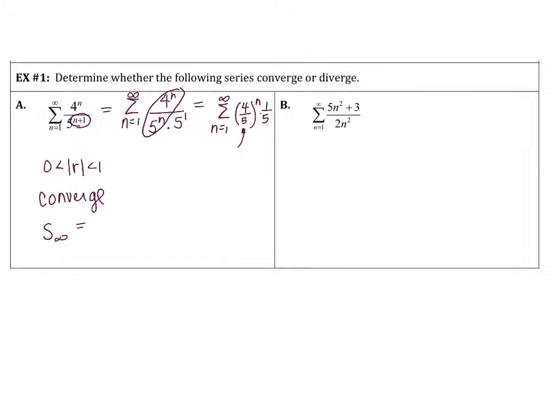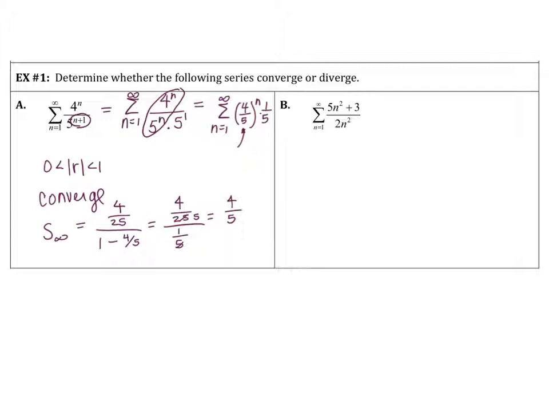So if we plug in 1 here, I'm going to have 4 over 25 over 1 minus our ratio, which is 4/5. And so here we have 4 over 25 over 1/5. And so we see that we end up here, we're going to cancel, and we have 4/5. So not only can we say that it converges, we can also tell what it converges to.